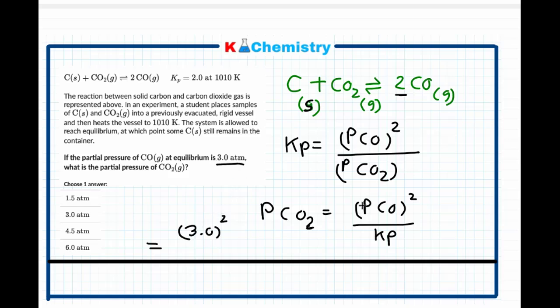This is the pressure of the carbon monoxide divided by the Kp, which is equal to the constant, says here 2. And this will be equivalent to 4.5. Take care, we are not measuring or calculating the Kp, we are calculating the partial pressure, so we need a unit that's atmosphere.